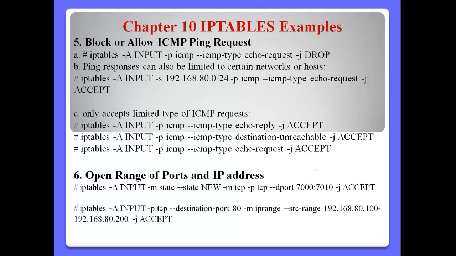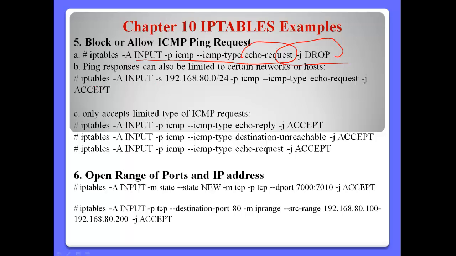Number 5, block or allow ICMP ping packets. If we use the default policy as drop, then all ICMP packets will be dropped. But here, first, Iptables with the ICMP message echo request. So according to the message type, we can drop like this.